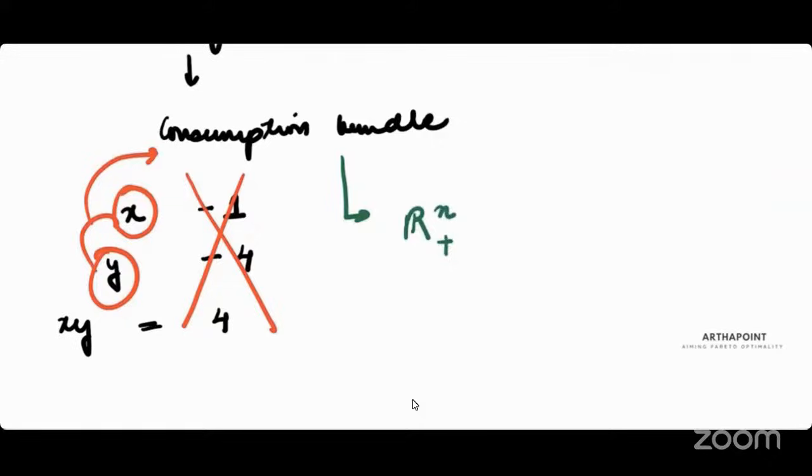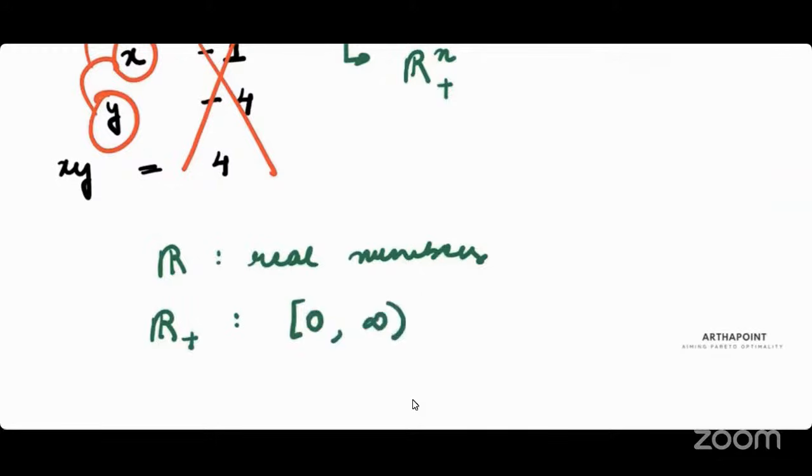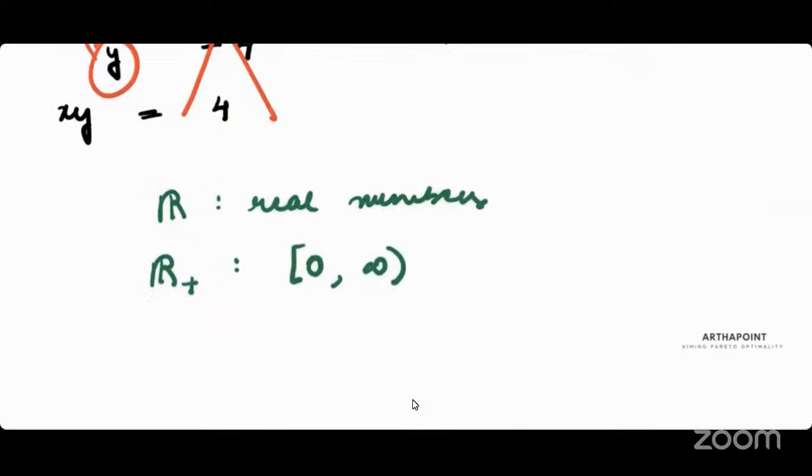Now let's see what this means. See, R usually represents the set of real numbers. When I write R plus, it represents the set of positive numbers including 0. When I write R plus plus, it represents positive numbers not including 0, strictly positive numbers.